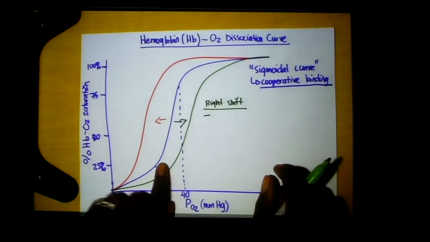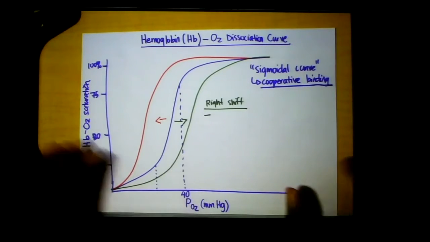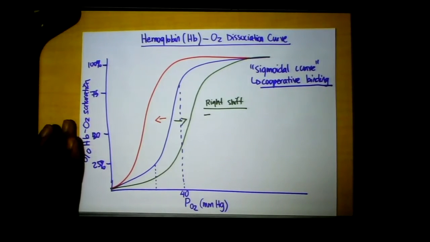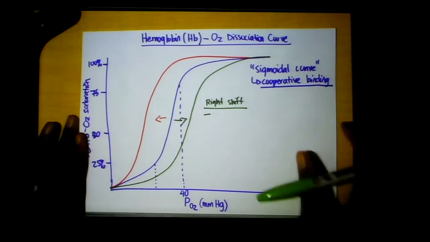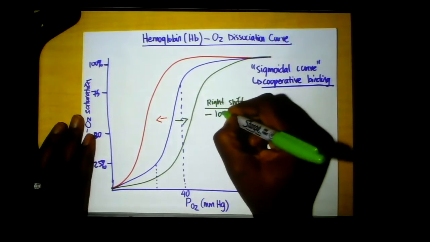So when the curve shifts to the right, hemoglobin has a lower affinity for oxygen, okay? It doesn't want to bind oxygen. It's going to unload oxygen easier, and it's going to load oxygen harder. So we've got a lower affinity.